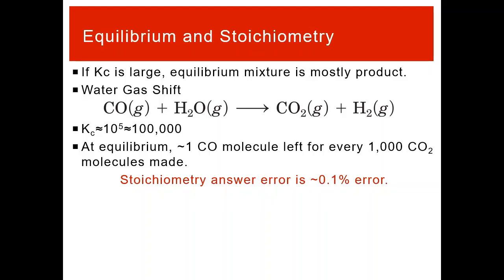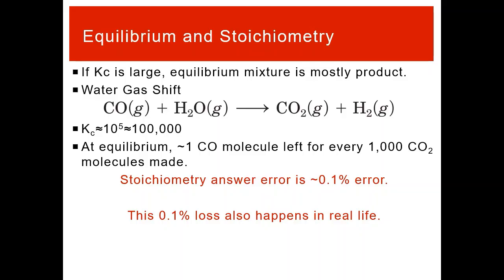One of the things we want to think about, though, is not necessarily just what is the error of our stoichiometry problems, but collecting product in real life. If your stoichiometry answer is off by 0.1%, that means your theoretical yield is off by that, right? What you theoretically could get, how much product you could theoretically get from all these reactants, because there is some unreacted reactant.